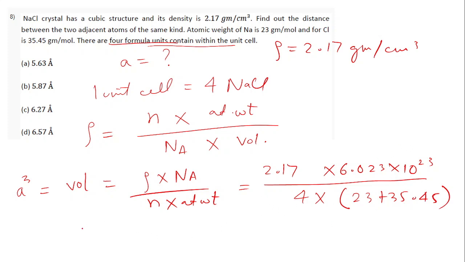So when we do this multiplication and division, 6.023 multiplied by 2.17 divided by 4 divided by 23 plus 35.45, we will get 0.055, I'm getting 0.0559 multiplied with 10 to the power 23.